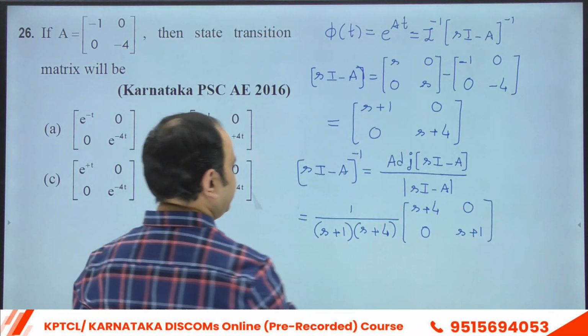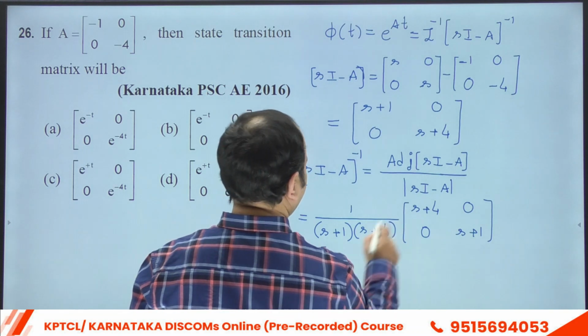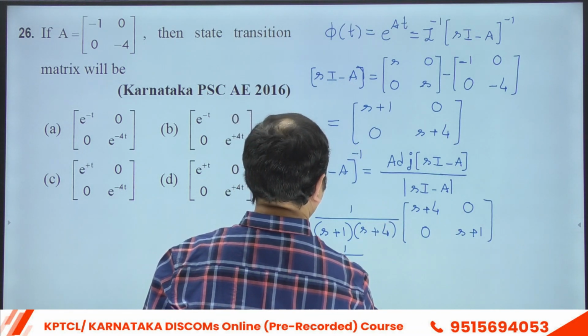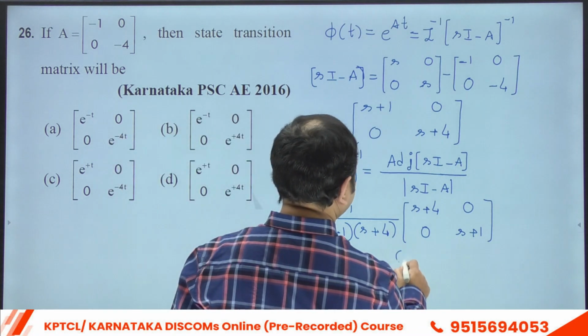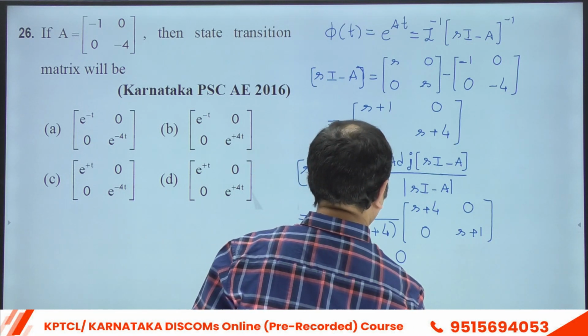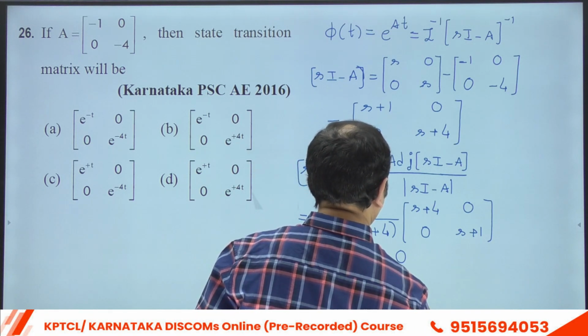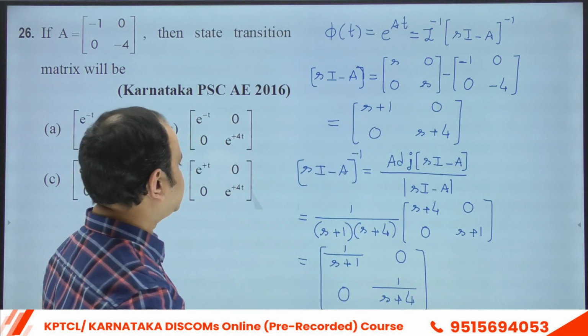Okay. Therefore, what is the final simplification? 1 by s+1 will come here. This is 0. This is 0. 1 by s+4. So this is (sI minus A) inverse.